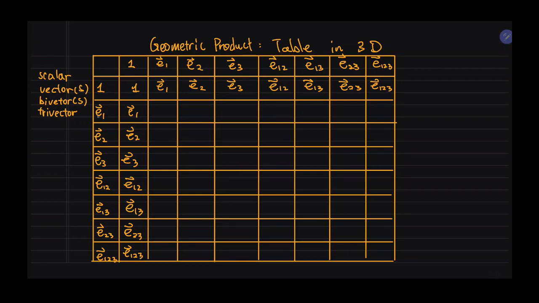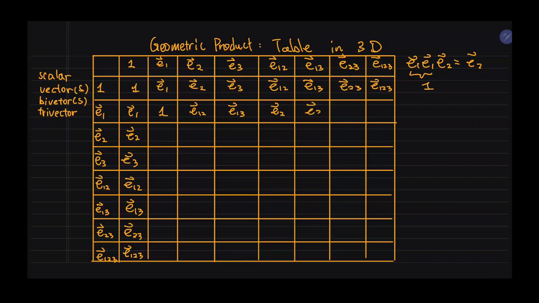And now we focus on this row. E1 E1 is 1, E1 E2 is E12, and E1 E3 is E13. And E1 E12 is just E2, because E1 E1 will just become 1 due to the scalar square property.